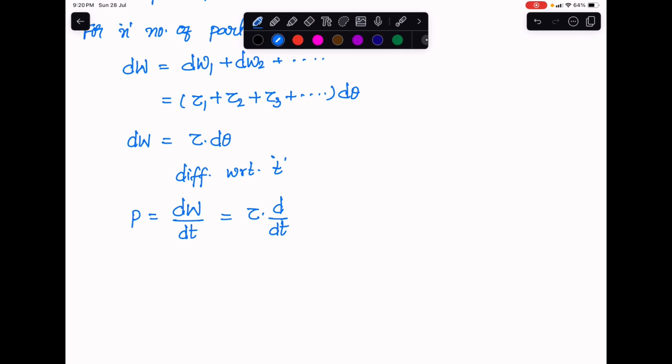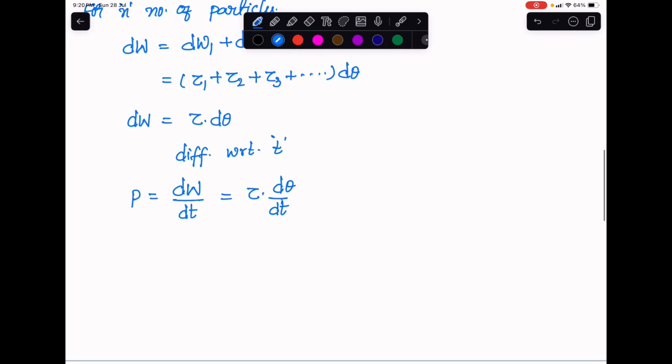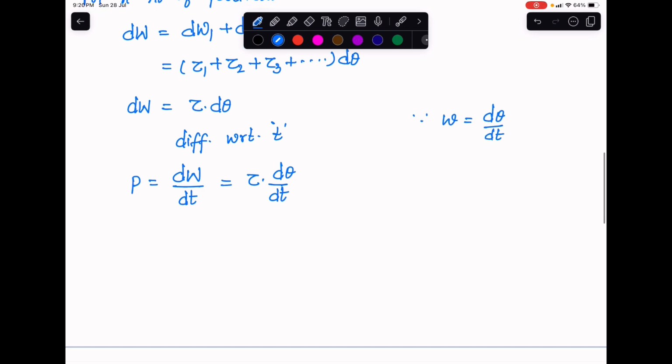Since angular velocity omega is given by d theta by dt, I can rewrite this as power equals tau into omega. Power equals tau into omega, say this is equation number 1, and this is called instantaneous power.